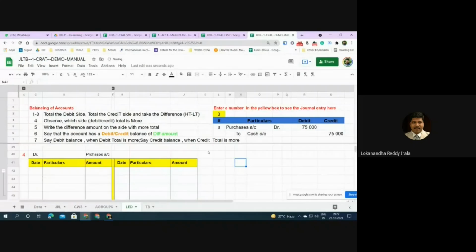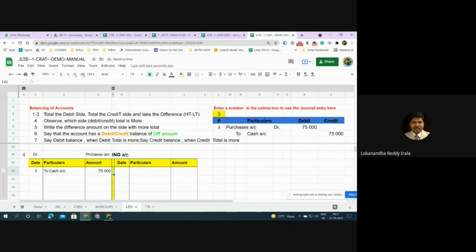The purchases account. On which side of the purchases account should I write? Debit side. So write 3, to cash account. The amount is 75,000.